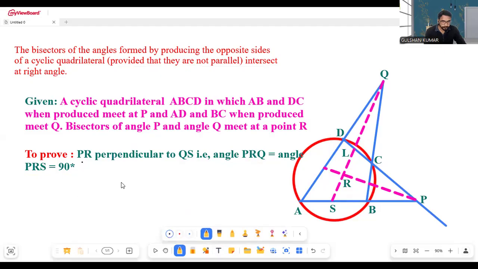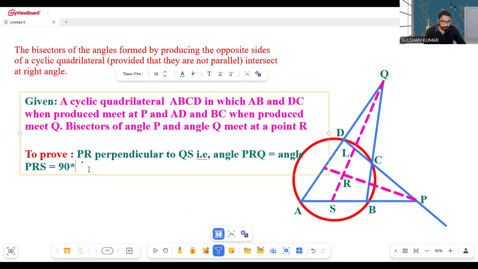Now, starting with the proof. We have the approach and what we have to prove.